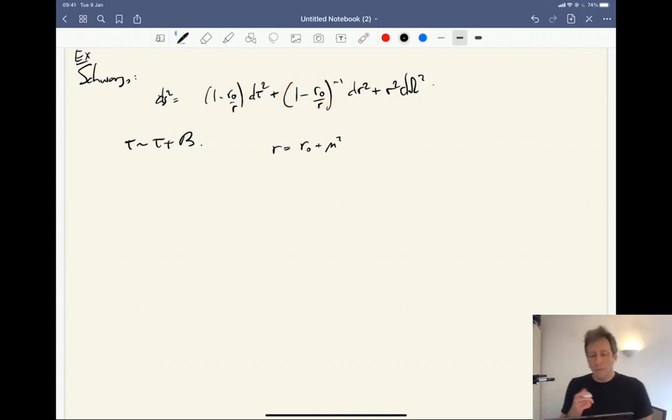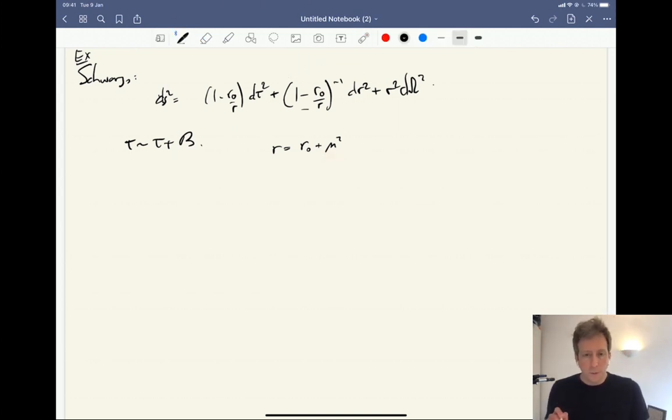More generally, we basically want to go to a coordinate which makes this whole thing a nice proper distance coordinate. This r is not a good coordinate because this blows up, but we could certainly change this to some new coordinate. Let's call it d rho squared, where we just go to normal coordinates to the horizon.